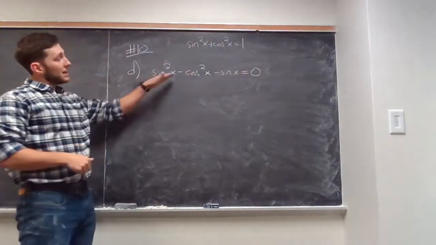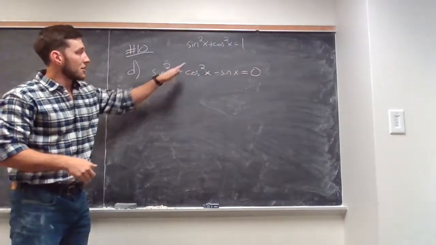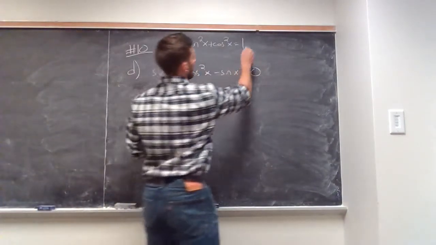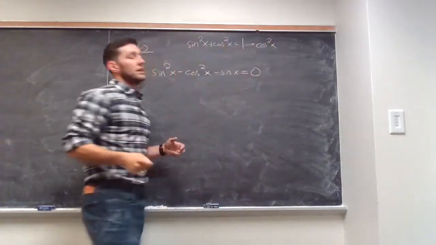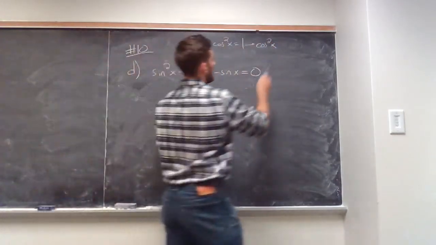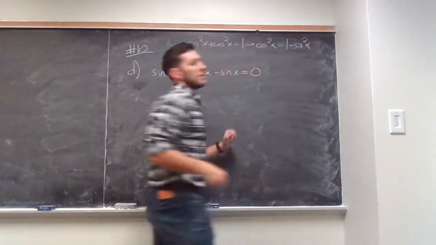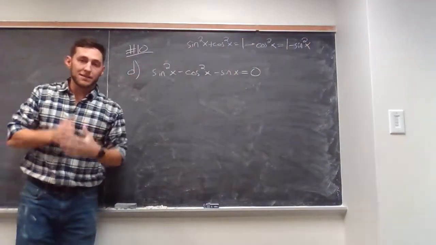Ultimately, I want to get this equation in terms of only one trig function. Since there are more sines, I'm going to try to replace cosine. If I solve for cosine, I'll get cosine squared x equals 1 minus sine squared x. So that's solving the Pythagorean identity to get cosine squared x by itself.